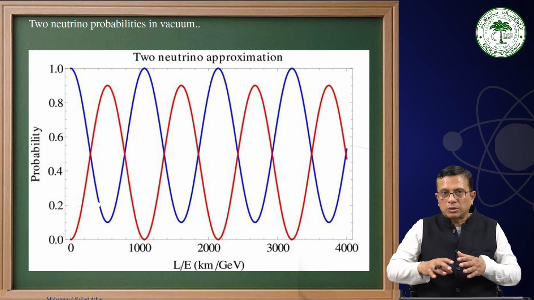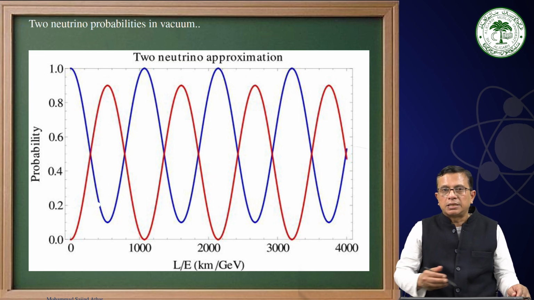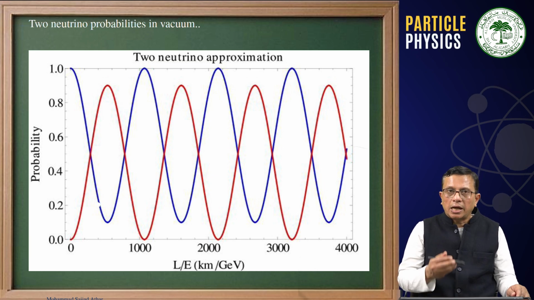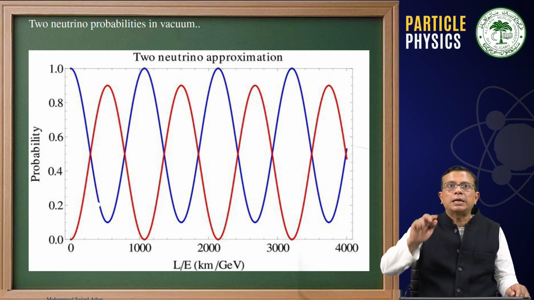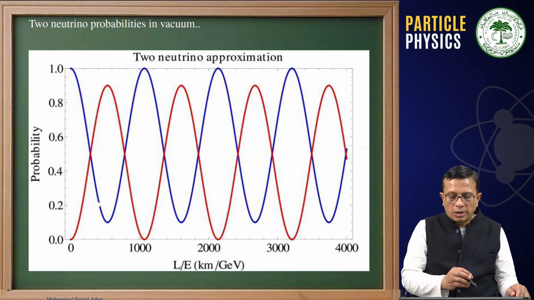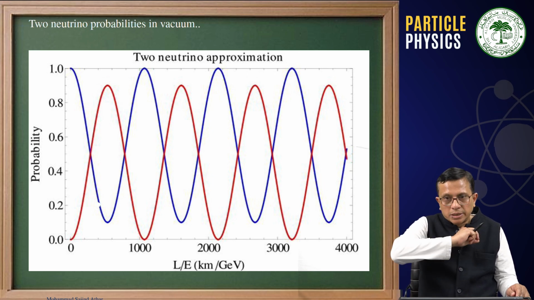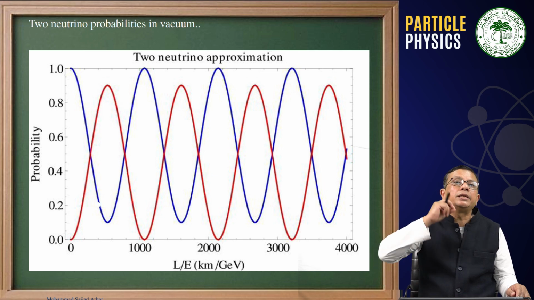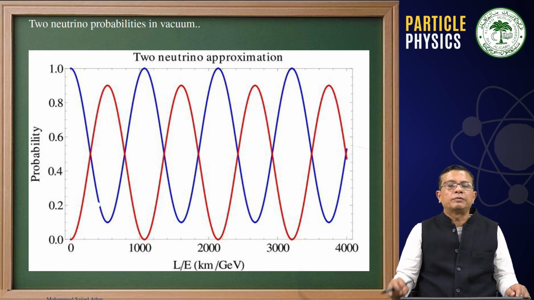That means with oscillation length the chances of nu mu and nu e are changing. And that is why the experiment that is designed is also sensitive to this oscillation length and the neutrino energy with which we want to perform the experiments.